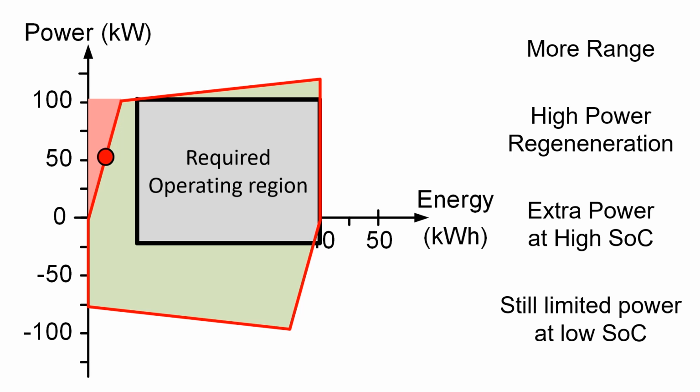The driver will first notice a gradual reduction of the maximum high-speed acceleration of the vehicle, since that is the most power-demanding driving situation. At very low state of charge, like under 5%, the vehicle will have a much reduced power, which will be noticeable also in less demanding situations.